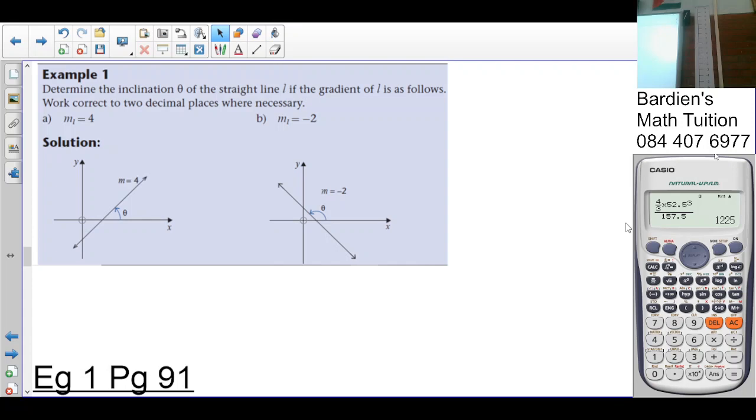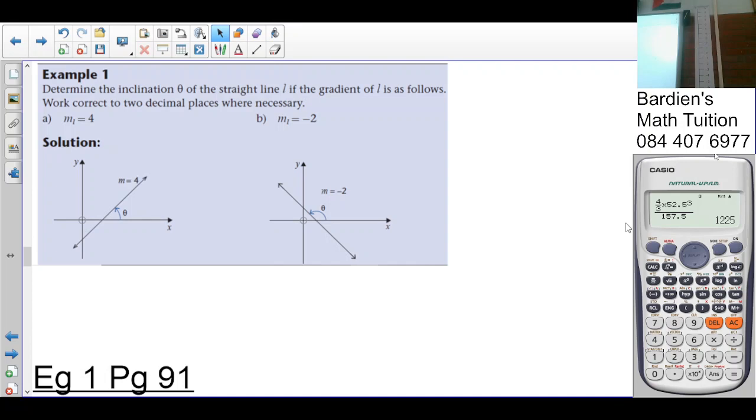Work correct to 2 decimal places. In the first case, your gradient is 4. So is that angle obtuse or acute? It is acute.